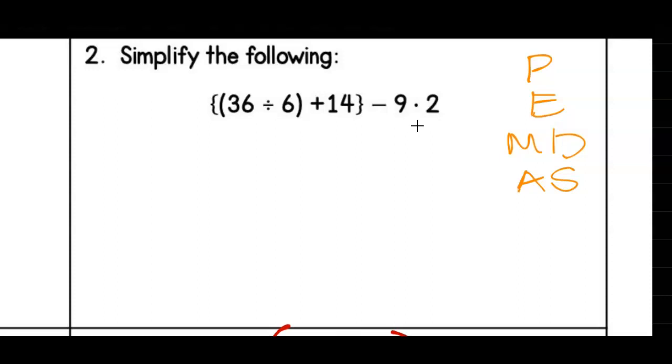All right. So it says to simplify the following. Now, a lot of us think of simplifying with fractions. Well, that's true. What we're doing when we simplify something is we're making it into the easiest form to think about. Now, this looks confusing. We want one final number. It's easy for us to think about in our mind what one final number is.